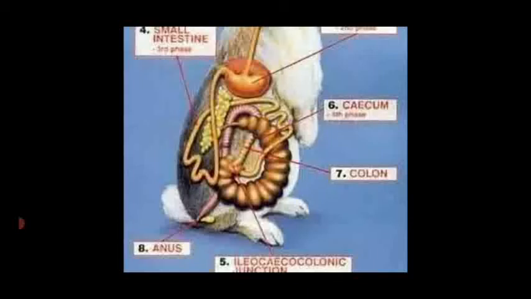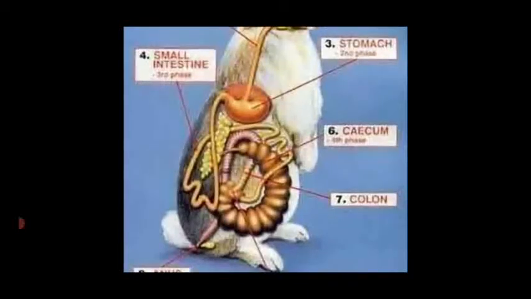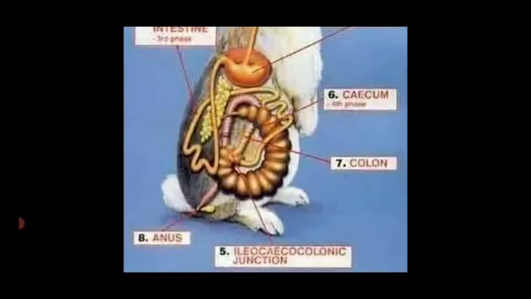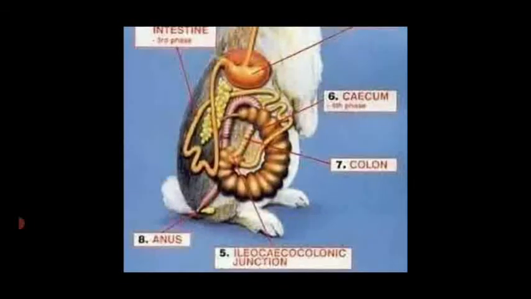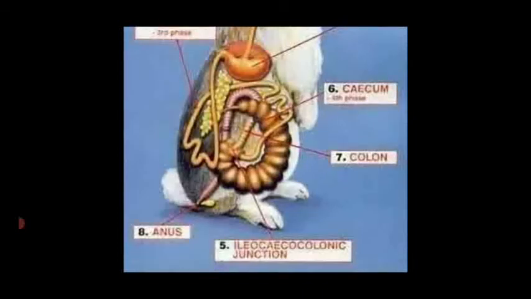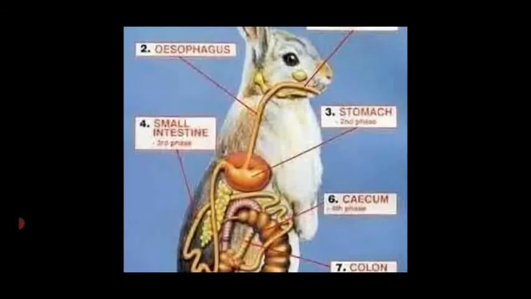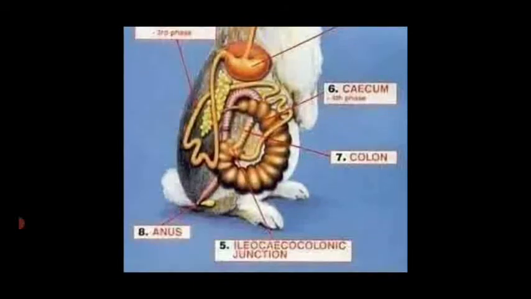A small sac-like structure present at the junction between the small intestine and the large intestine is called the cecum, which contains bacteria to digest cellulose material. Then the colon, rectum and anus follow, where the rectum opens to the outside by the anus. So this is the digestive system, which starts from the mouth and ends with the anus.